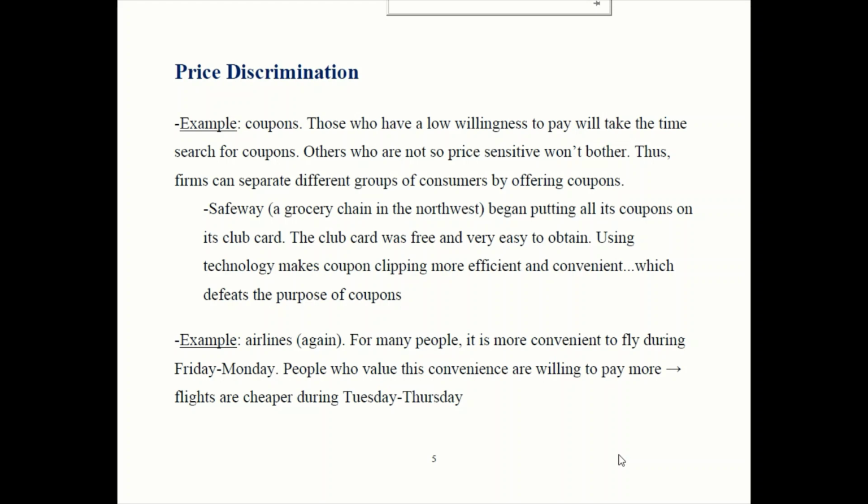For most of us, it's not very convenient to fly out on a Tuesday or a Wednesday because we end up missing half a week of work. So people who are very price sensitive can fly on Tuesday, Wednesday, Thursday, and they get a discount for that. The people who have a high willingness to pay and value convenience more end up paying the higher fares on Friday through Monday.